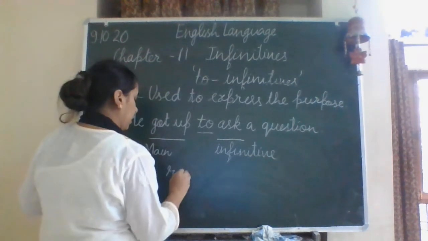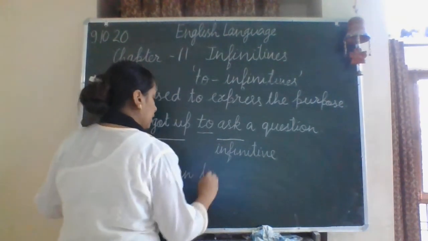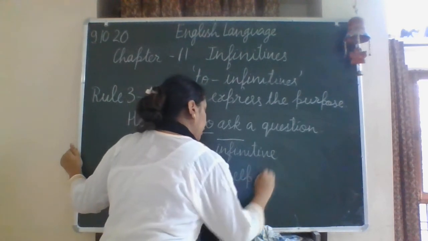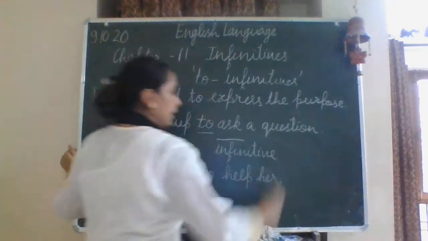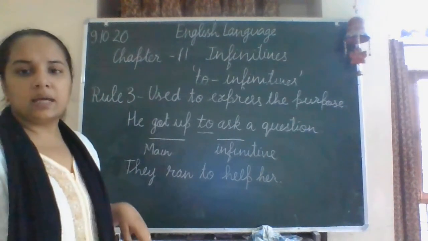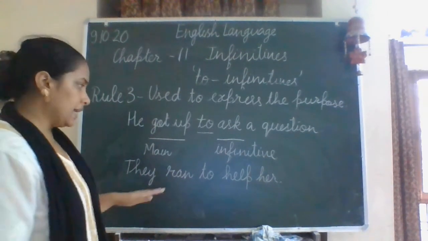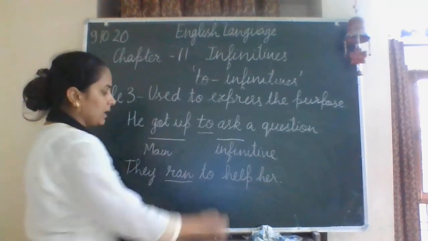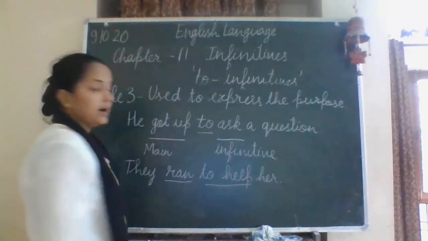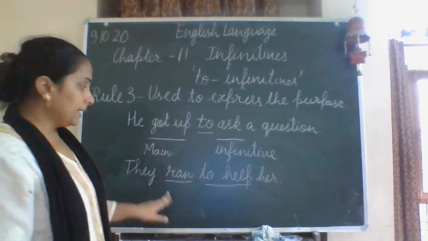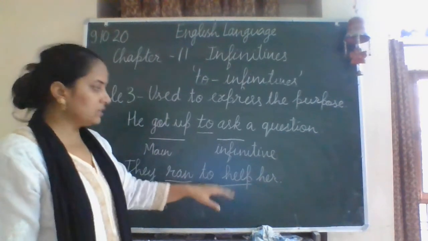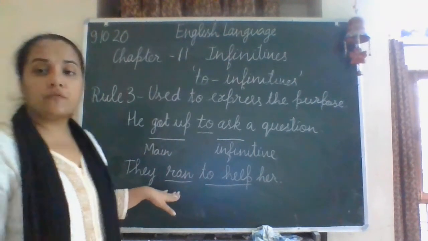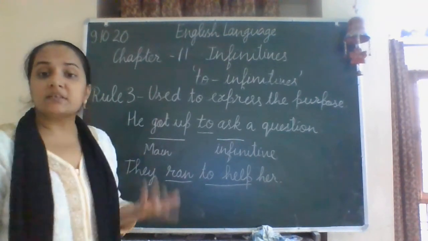They ran to help her. In this sentence, ran is the main verb and to help is the infinitive. And here, this infinitive to help is telling you about the purpose of the first main verb, that is running.